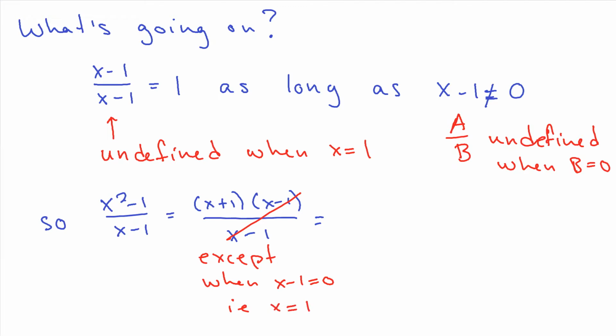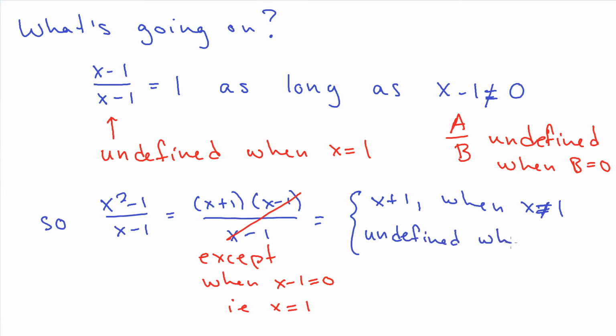And so this expression is not always equal to x plus 1. It's equal to x plus 1 when x is not equal to 1. Again, that's when the denominator is not 0. But when the denominator is 0, it's undefined. And there's absolutely nothing that we can do about that.